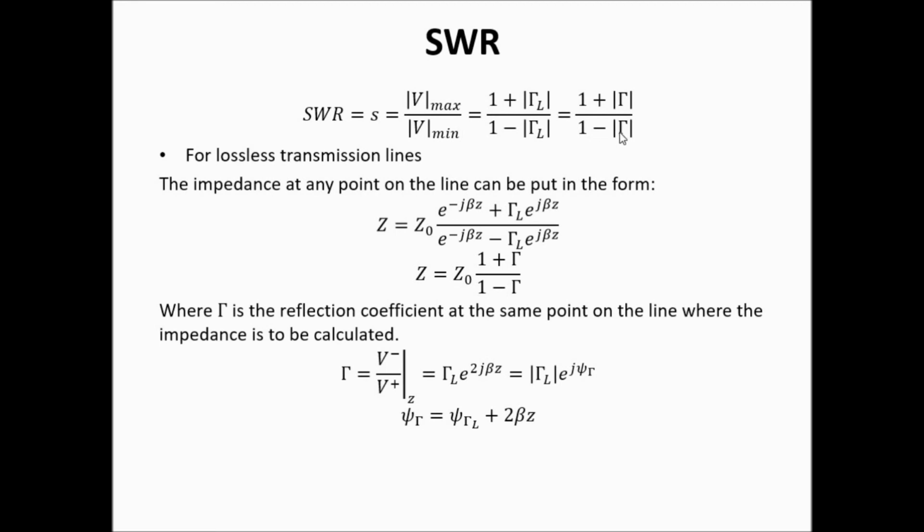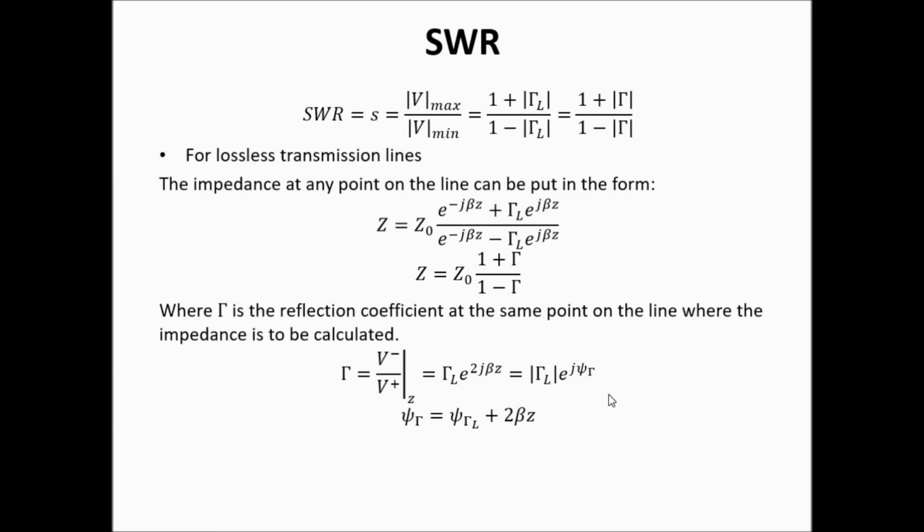So you can write simply this expression. For a lossless transmission line, the impedance at any point can be put in the form Z equals Z0 times (1 plus gamma) over (1 minus gamma). So this is how we can find the impedance at any point, where gamma is the reflection coefficient at the same point on the line where the impedance is to be calculated. And this is the formula for finding gamma.